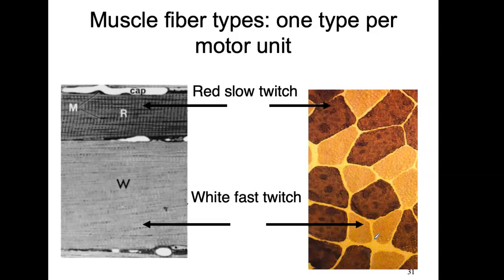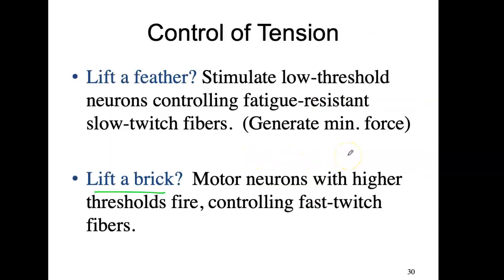So you have some that are doing one kind of task and others that are doing a different kind of task, but together they form the entire muscle. People ask me in anatomy, can we see slow twitch and fast twitch fibers? No, you can't see the difference. You'd have to stain them, but this is a good diagram showing how they would be mixed together.